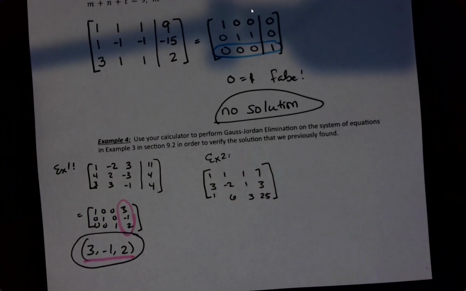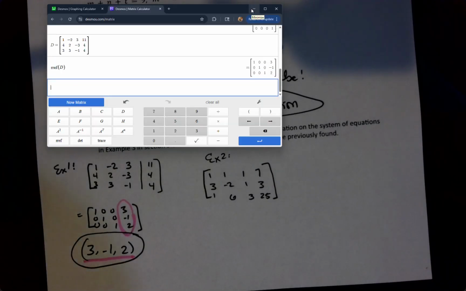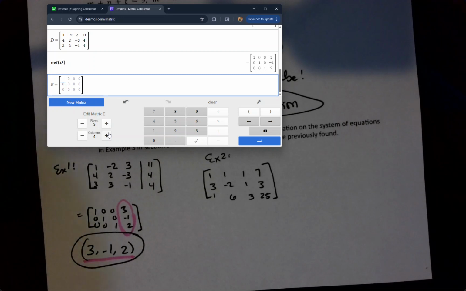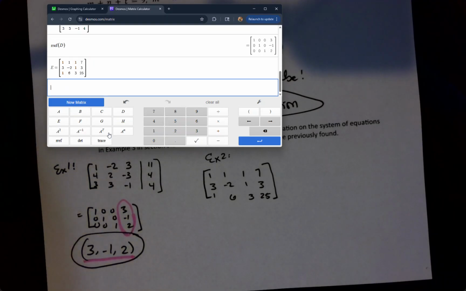Okay. So in the matrix calculator, make myself a new matrix. 3 rows, 4 columns, 1, 1, 1, 7, 3, negative 2, 1, 3, 1, 6, 3, 25. And let's get the reduced row echelon.